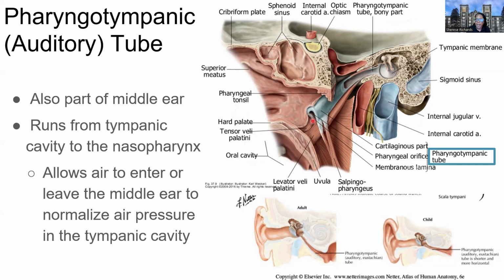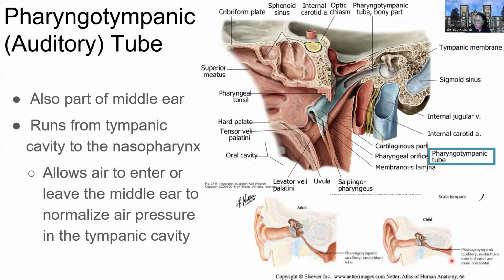So that is the pharyngotympanic tube, also called the auditory tube, and it goes straight from the middle ear, right? You can see the tympanic membrane, excuse me, the stapes, anvil, hammer there, all the middle ear bones, and then the tube itself going towards the nasopharynx.